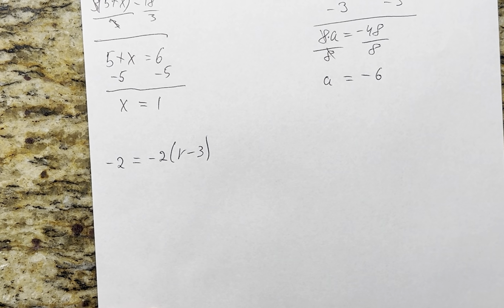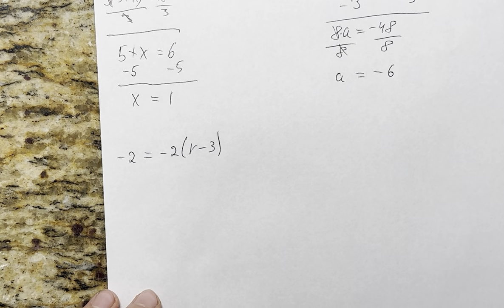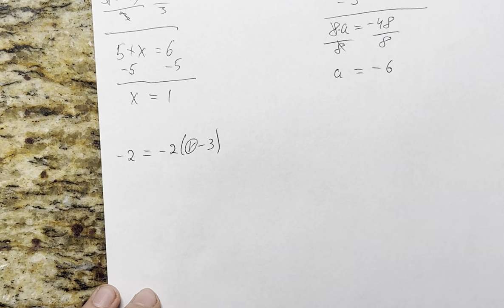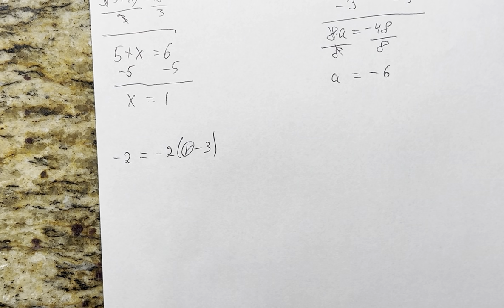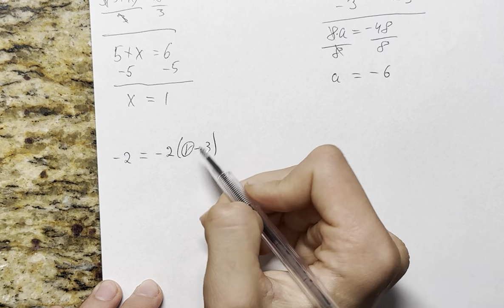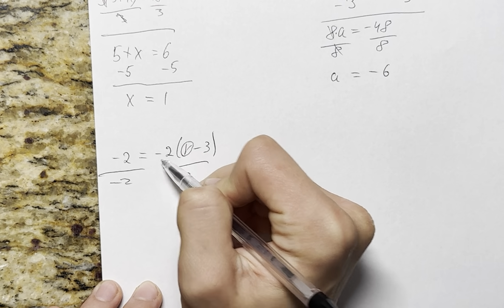Alright, just as in both those examples, you have to try and leave the variable by itself. But first you have to divide each side by negative 2 to get rid of this negative 2.